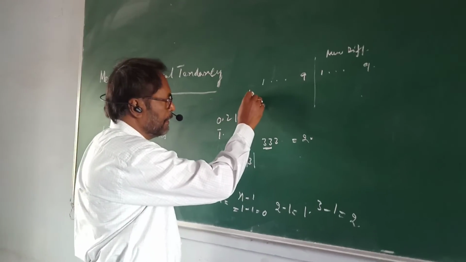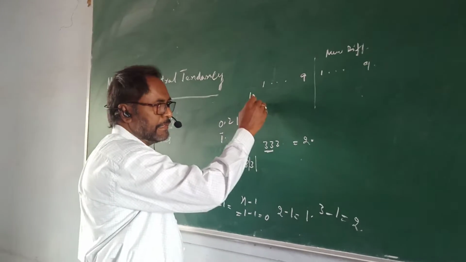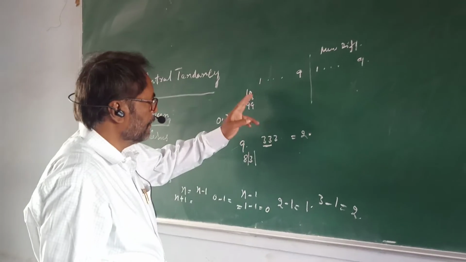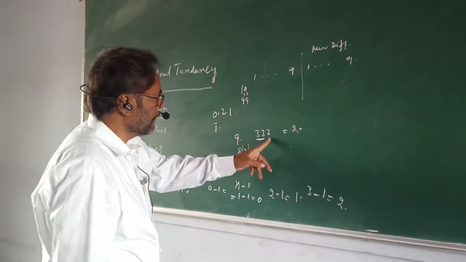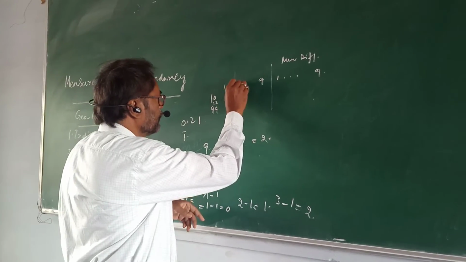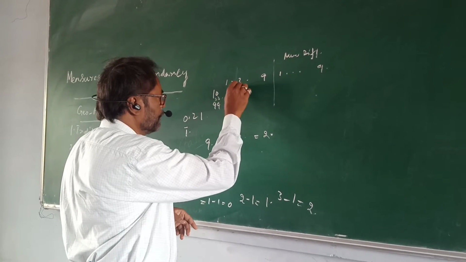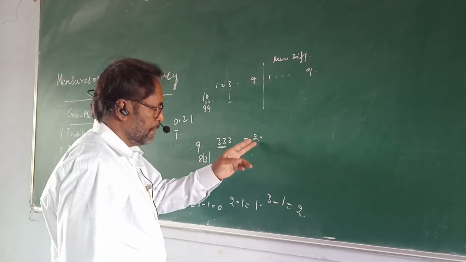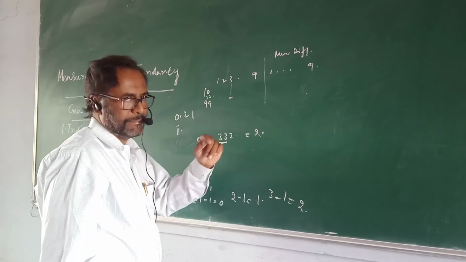Automatically 33 will be between 10 and 99. Then the third value is another 3. So whatever value you get, you put it beside the 2 point something.